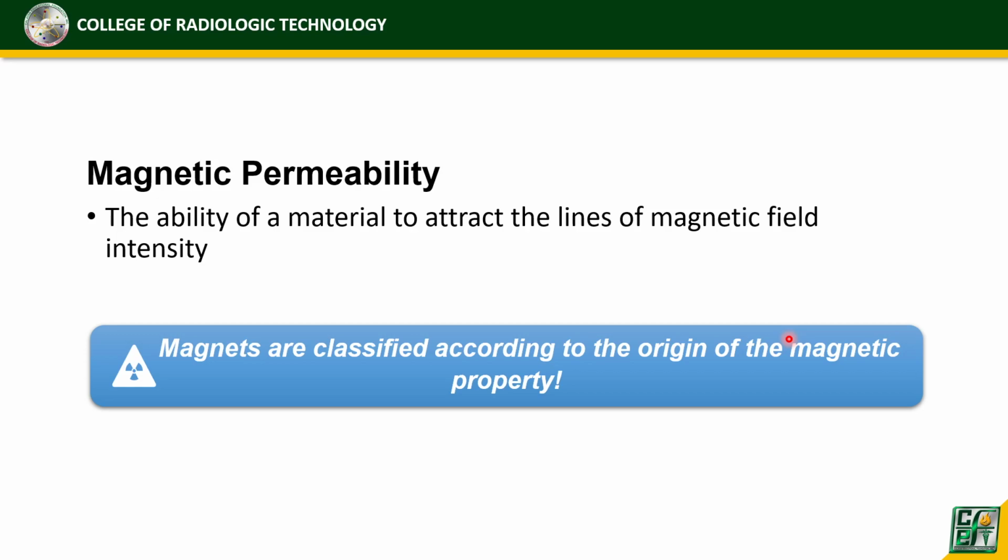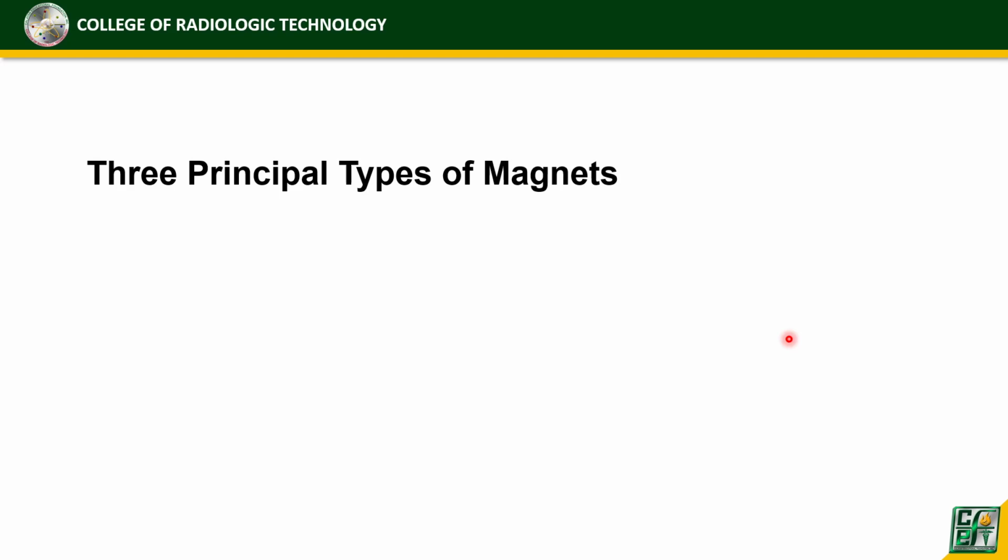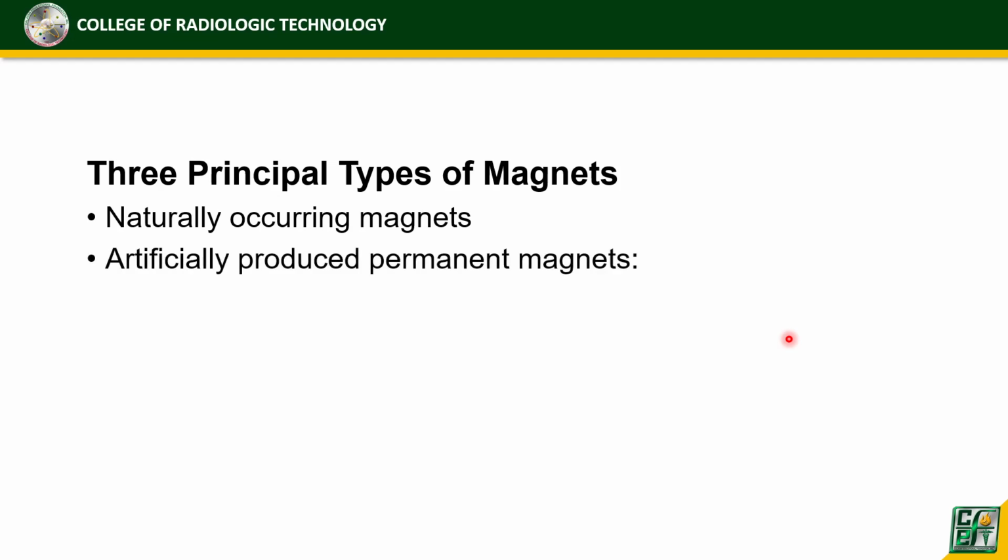Kung siya ba ay ferromagnetic, diba? Or non-magnetic, or etc. Okay, so there are three principal types of magnets. Naturally occurring magnets. Second is artificially produced permanent magnets. Then the electromagnets. Okay?